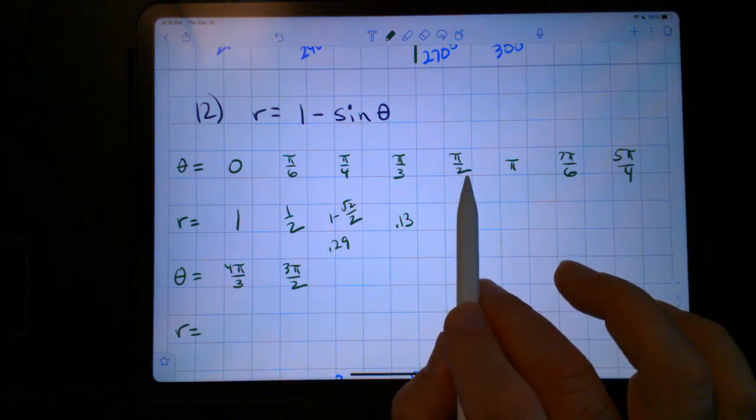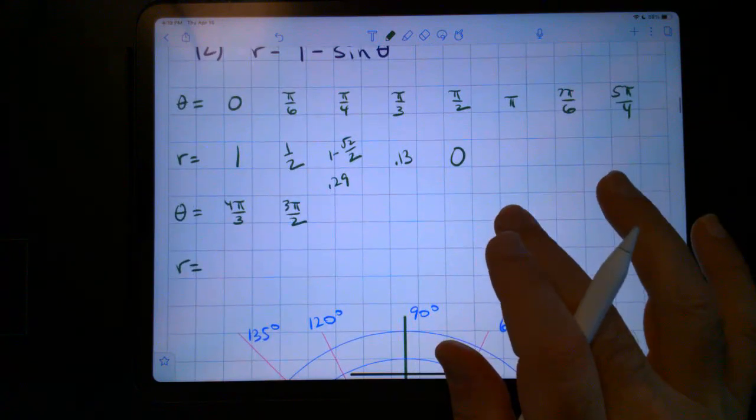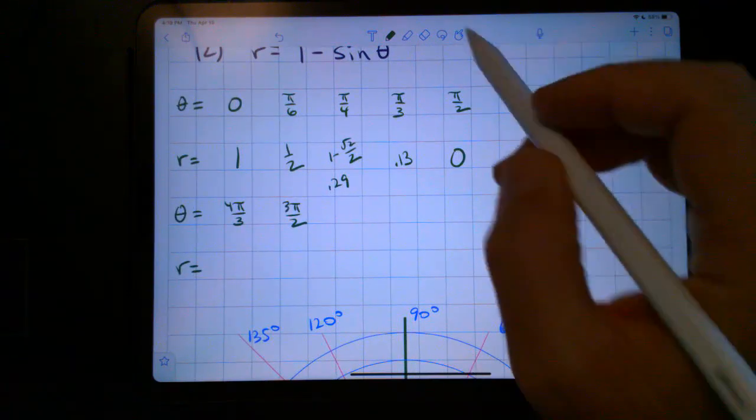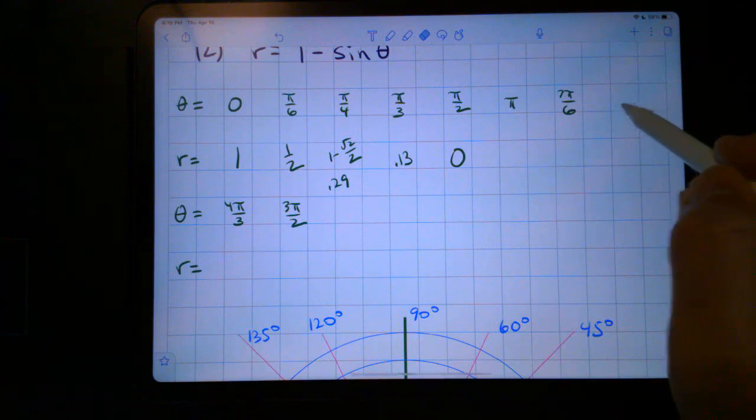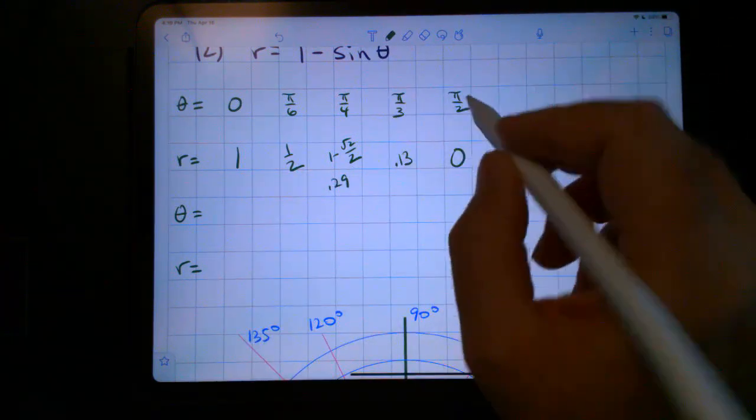Sine of pi over 2 is 1. 1 minus 1 is 0. Looks like it jumped too much there.